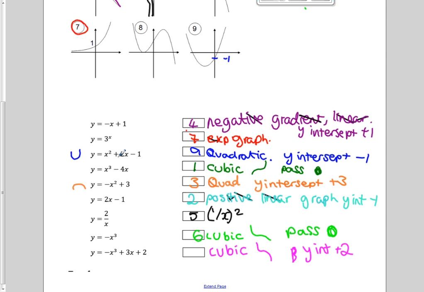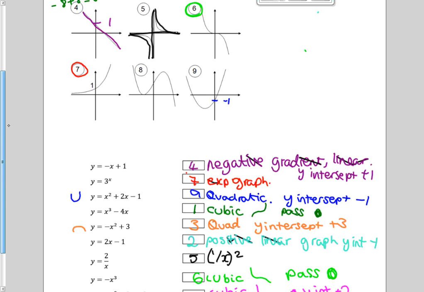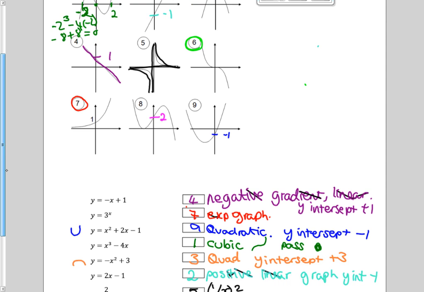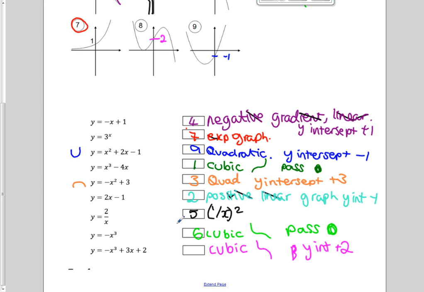So looking at the graphs, the only one that has that shape is number 8, which is the only one left. So obviously number 8 is the graph y equals -x cubed plus 3x plus 2.